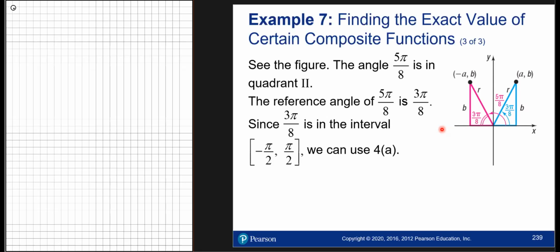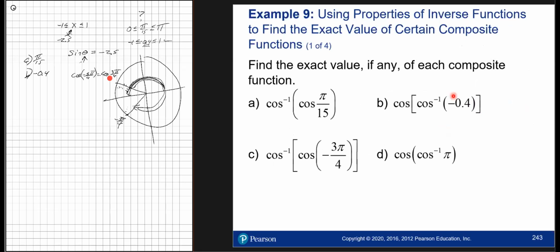So the cosine of negative 3 pi over 4 equals the cosine of 3 pi over 4. So I use that instead of the negative 3 pi over 4.